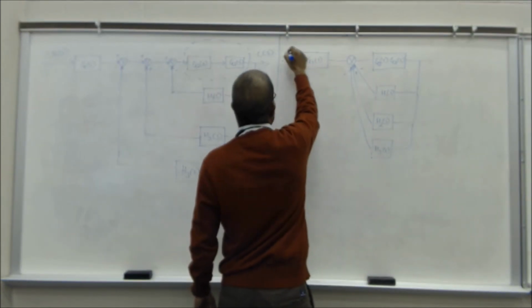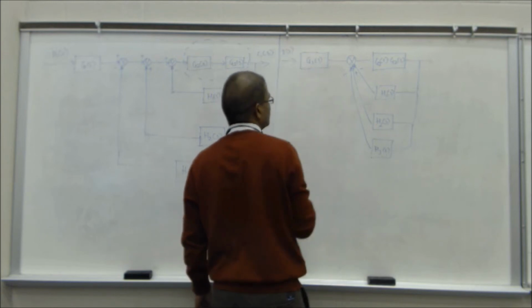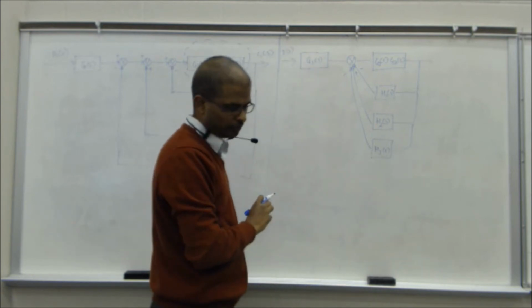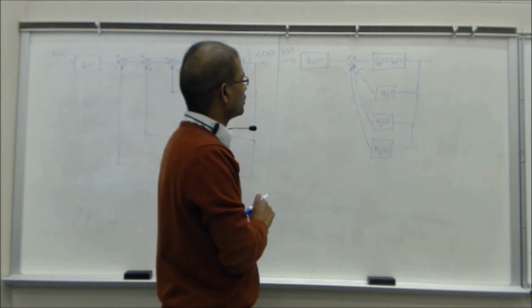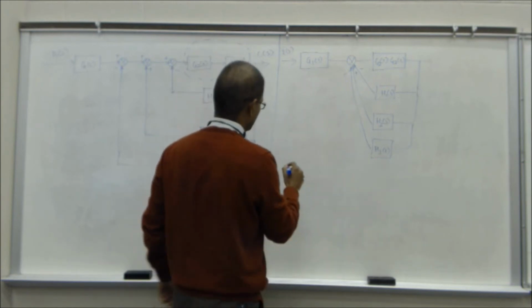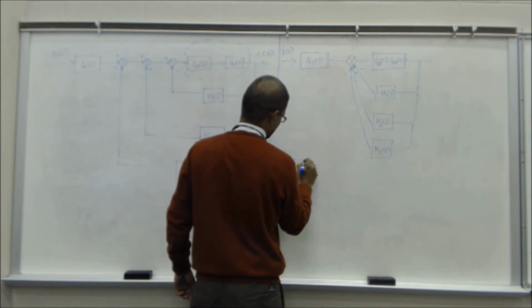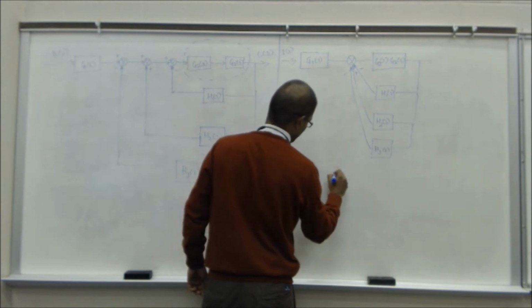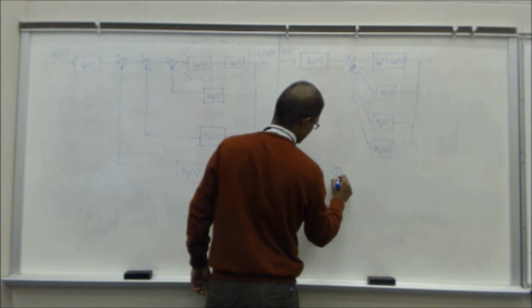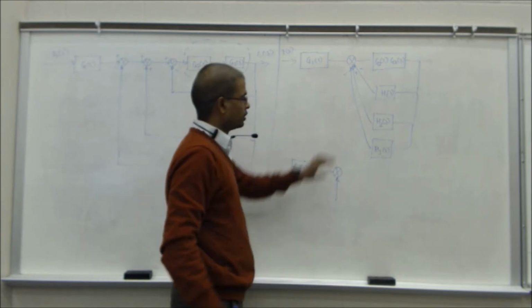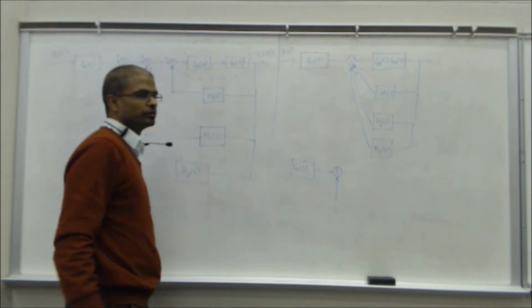See, I haven't changed anything, right? The reason we did this was, so now you have G1 of S, and you can do this. This is the same as this one. I haven't changed anything.